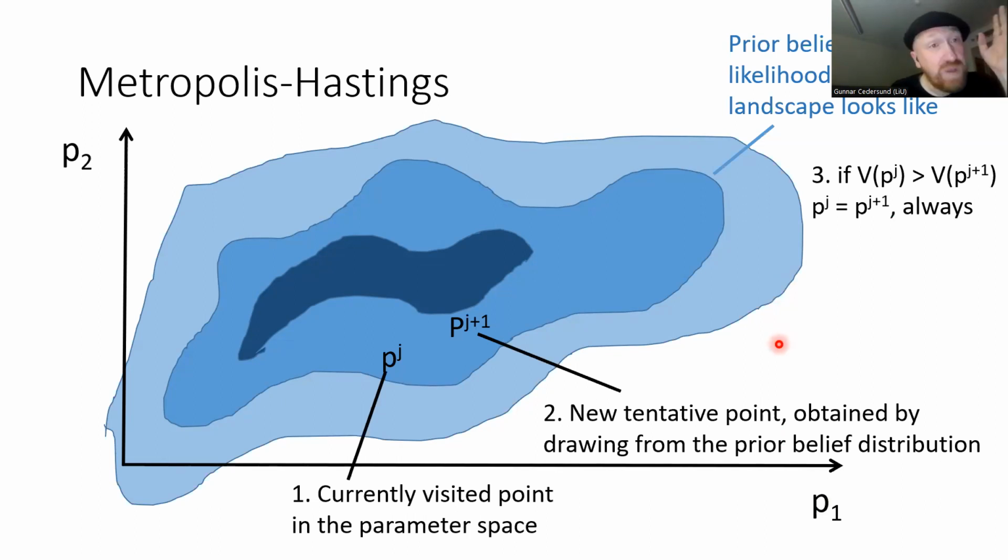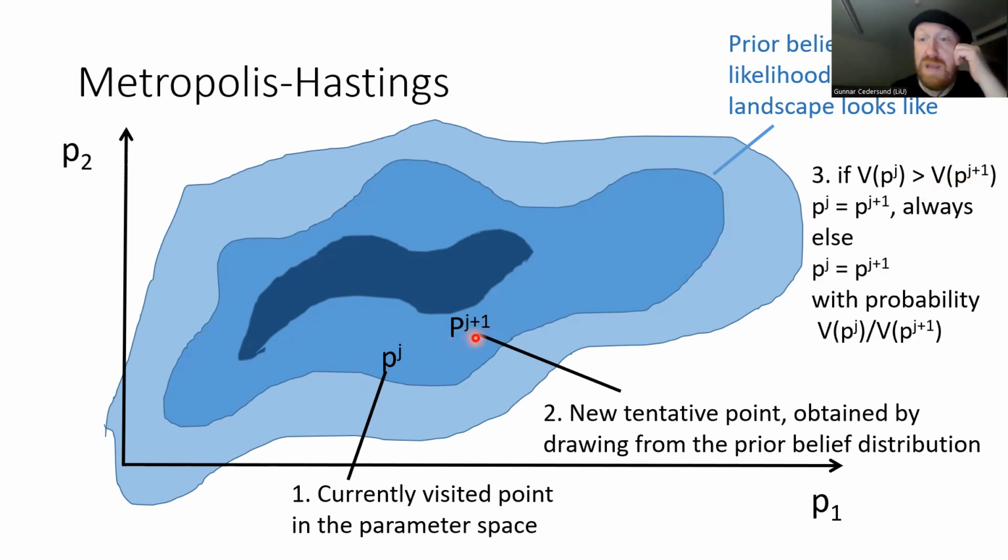And then you will add this new point if the new point has a lower cost, you will add it. So you update this distribution based on this point. And if it has a higher cost, you might also add it, but you only add it with a probability. And the probability, as usual, depends on how much bigger it is.